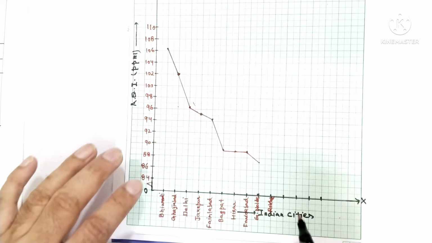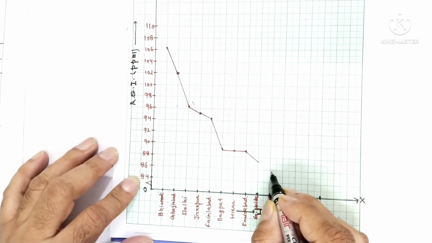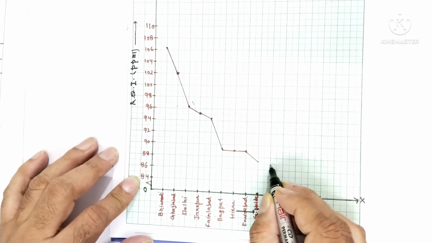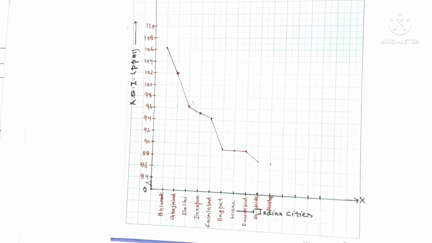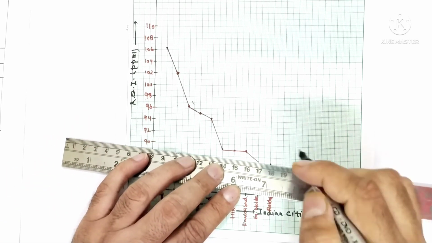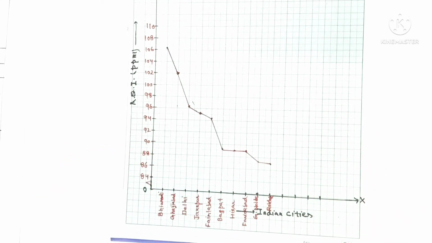Rohtak is 86.9. So this middle division is 87. Right? 86.9 means 87. You can take this one and join it. So we have drawn the linear graph.